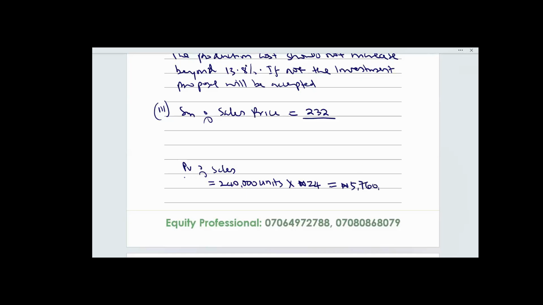Confirm for me, please. Yes, sir, 5,760. Then PV of sales will be equal to 5,760,000 multiplied by annuity factor of 4.659. So this will give us about 26 million.